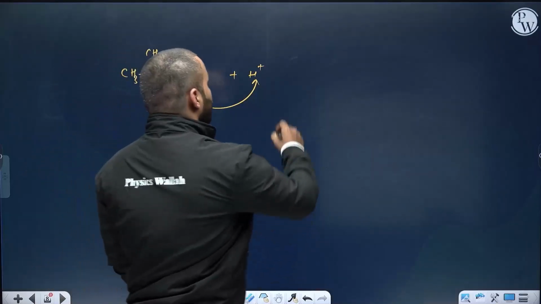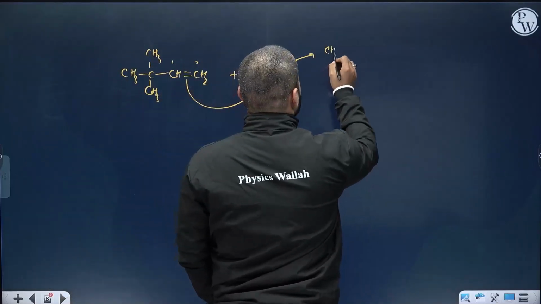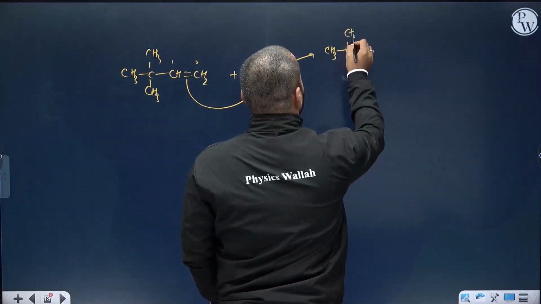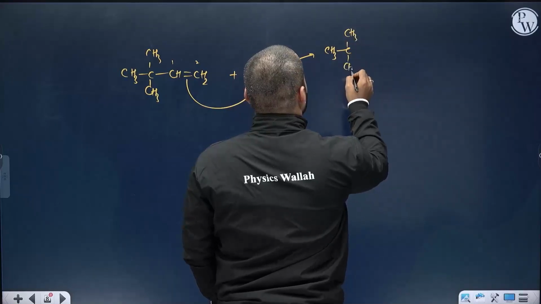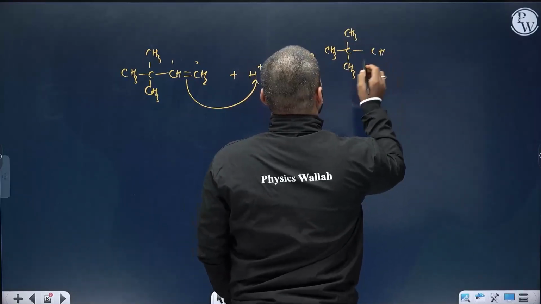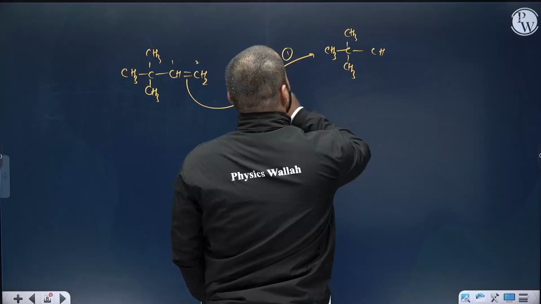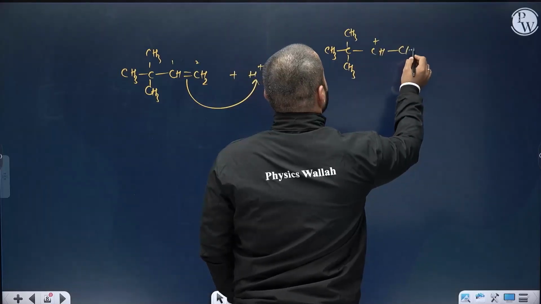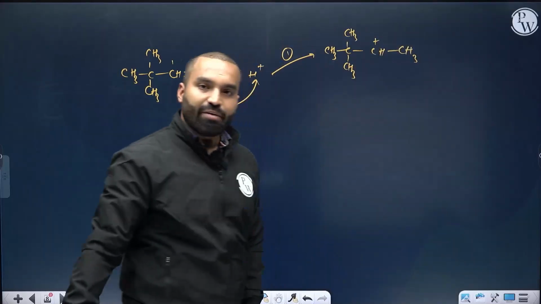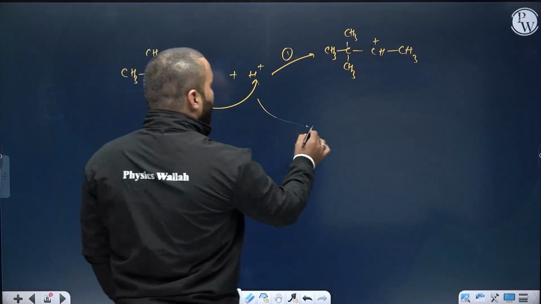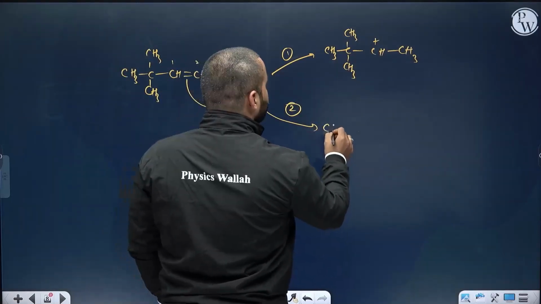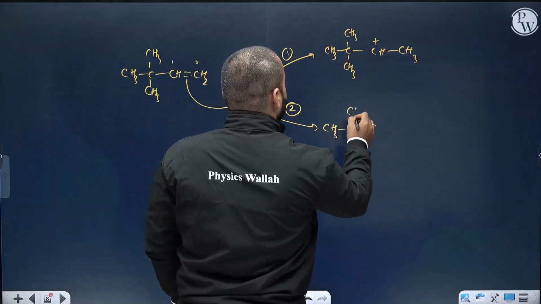So let's write both the possibilities. So CH3, CH3 and CH3. Let's say carbon number 1 gets a positive charge, so this becomes a positively charged species and this becomes CH3. Clear, everyone? Okay. Now possibility number 2. There is a tertiary butyl group present.